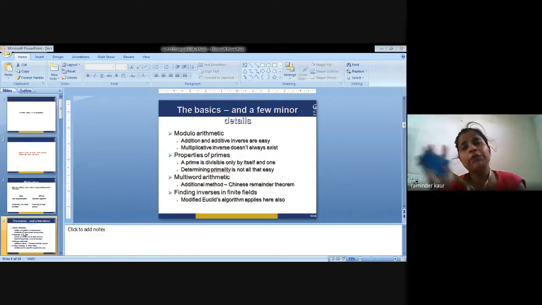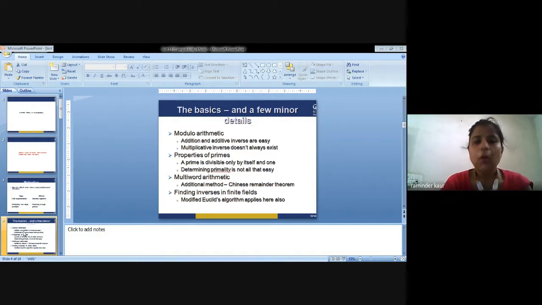In cryptography, we have used modulus 26 because there are 26 alphabets. So what is modulo arithmetic? Addition and additive inverse are easy. Multiplicative inverse does not always exist. They exist, but it might not be the case that they always exist.